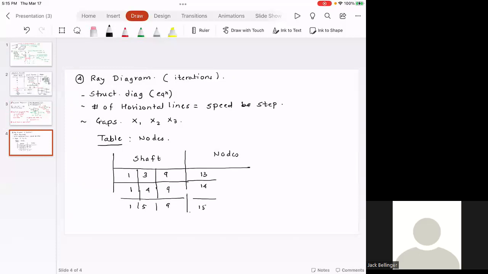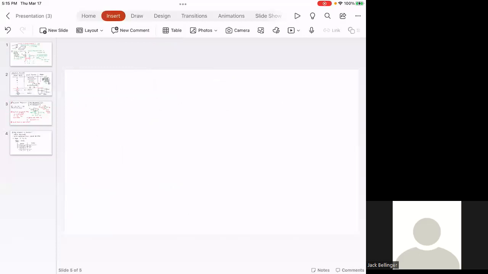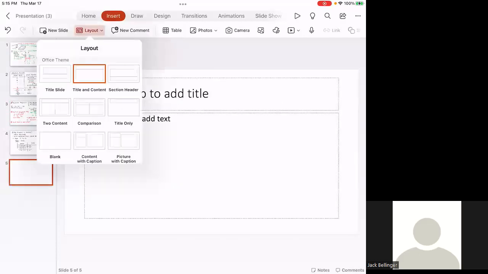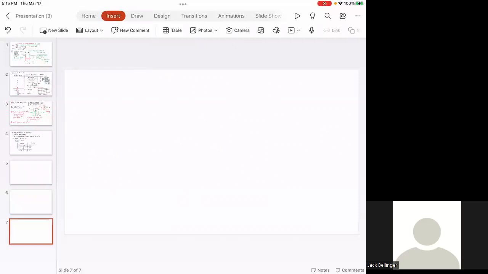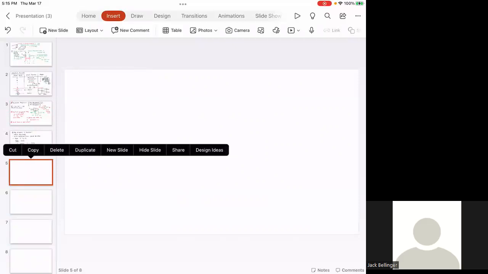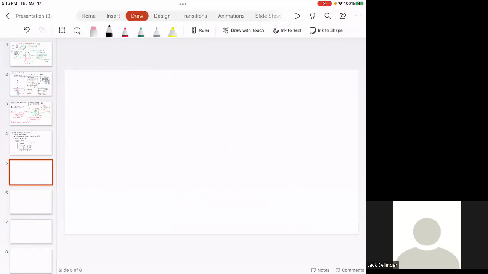Then what you do is you decide the next step, the number of teeth. And then you can draw the ray diagram.